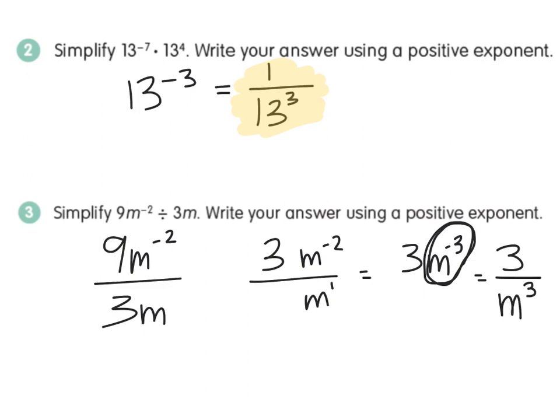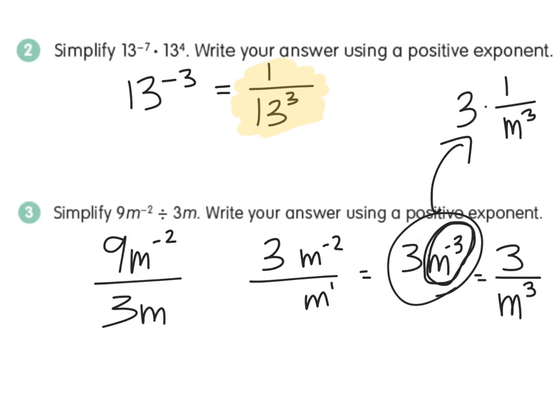Another way that you can rewrite that is you could say that this is also equal to 3 times 1 over m to the power of 3, and then you're just going to combine it all together in order to get this final answer that I got here. So the final answer is going to be 3 over m to the power of 3.